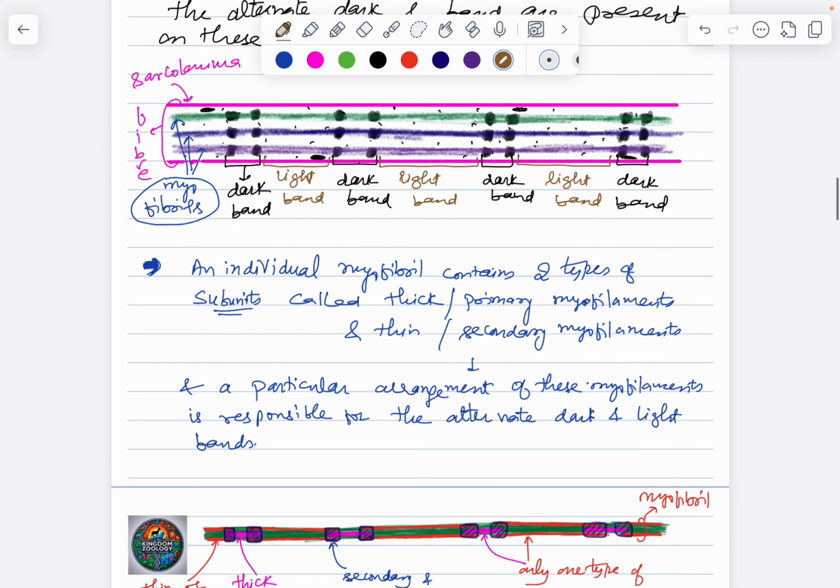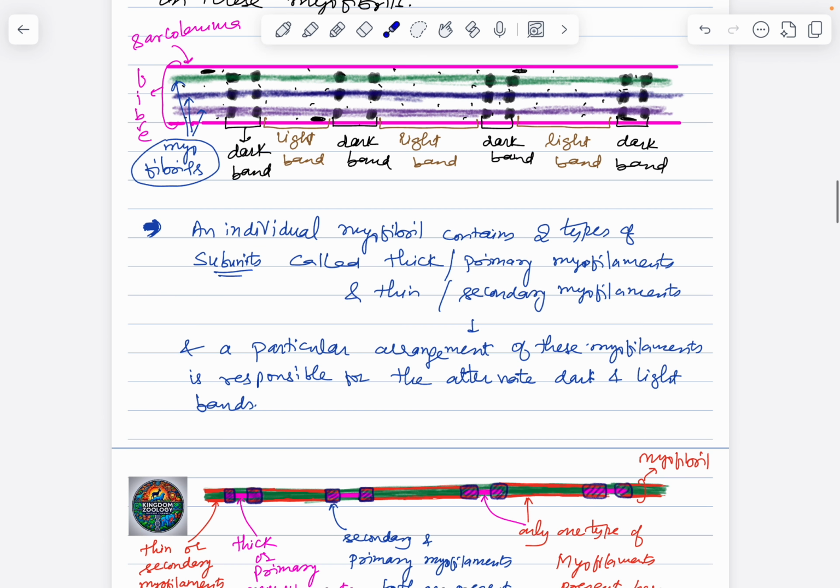Once again, compare the two structures. Both the proteins are there. Even though there is a slight central area where only one type of protein is there, this entire portion is the dark band. This entire portion here is the next dark band.